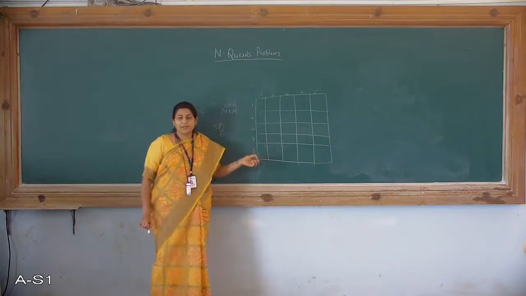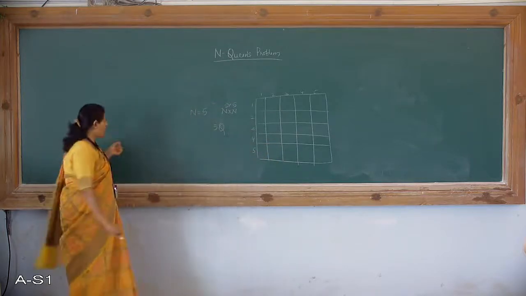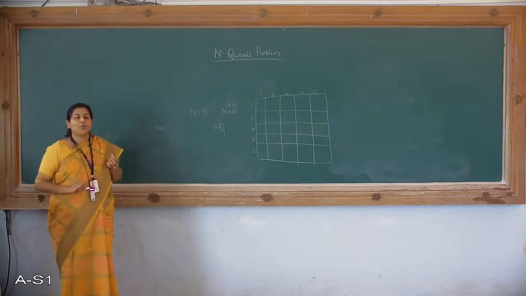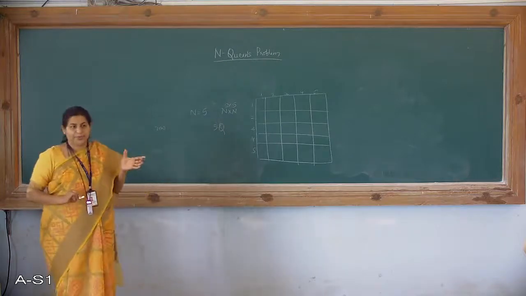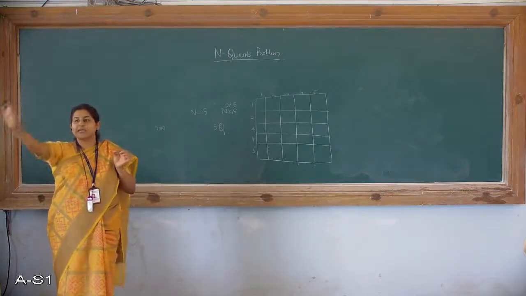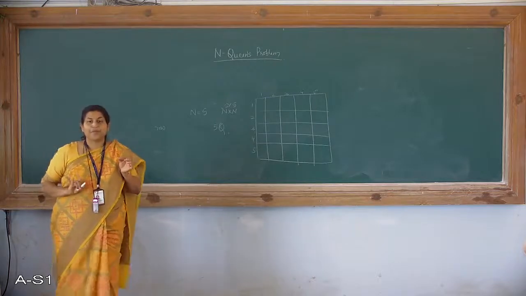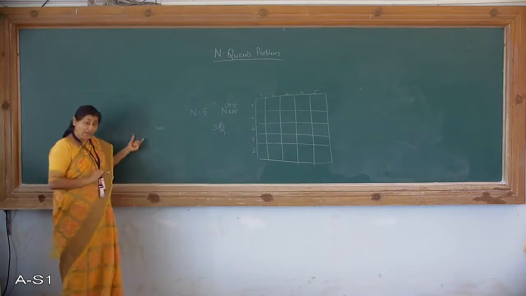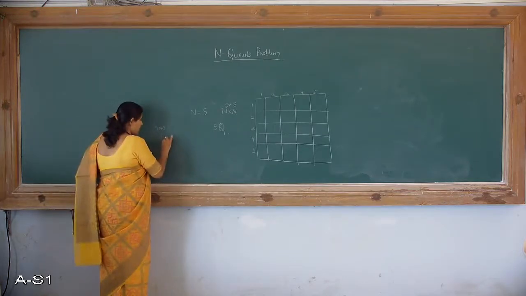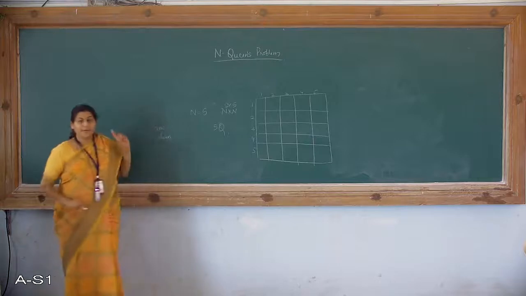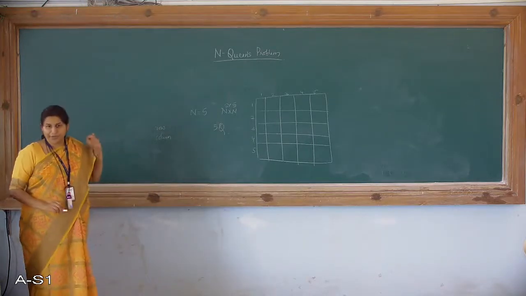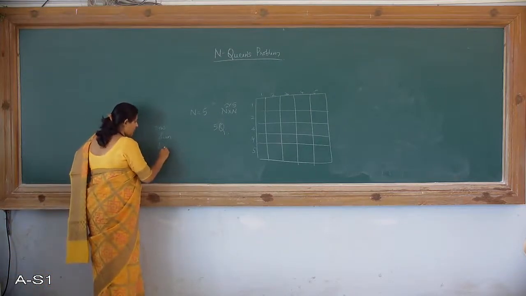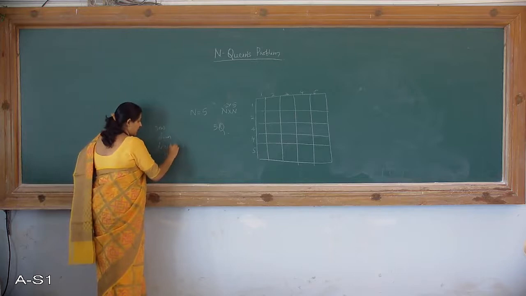The rule is, once you place a queen in a particular row, no other queen can be placed in that row. Similarly, once you place a queen in a particular column, you cannot place any queen in that column. And the third rule is not even diagonally.